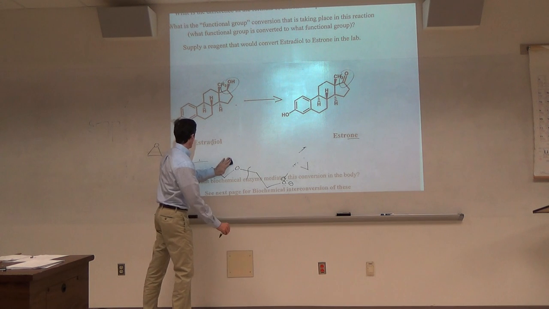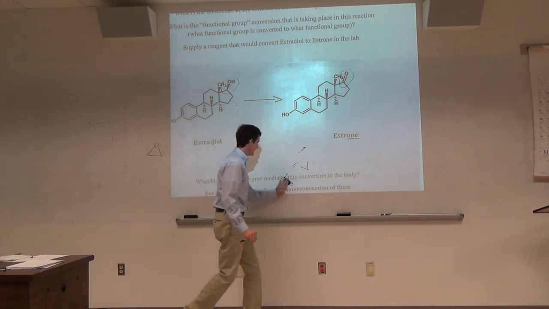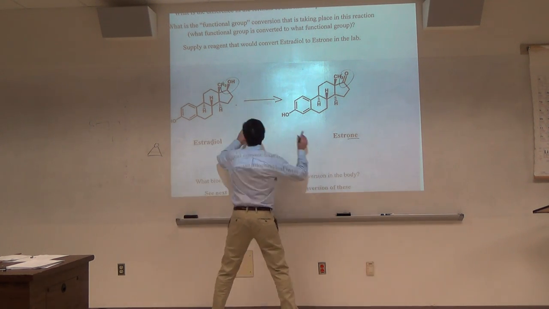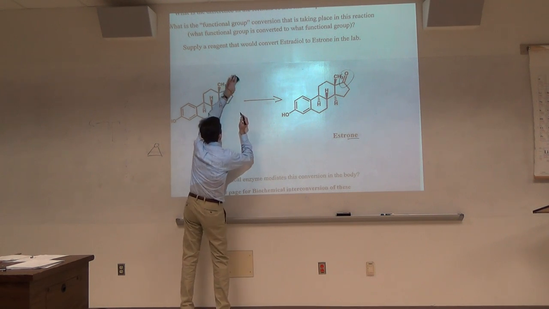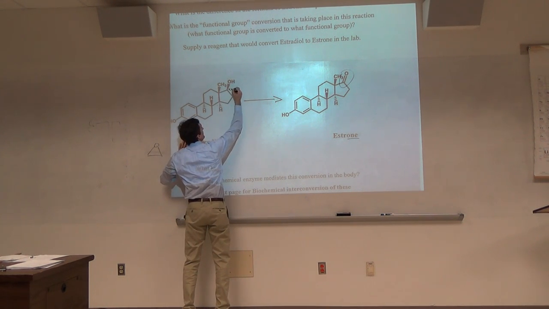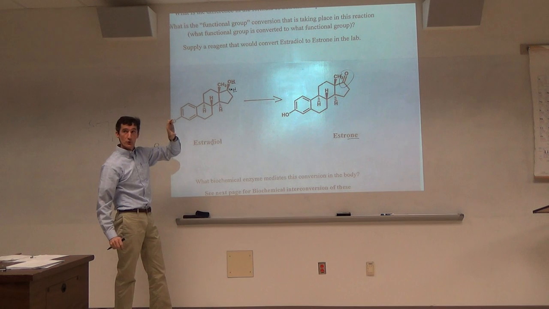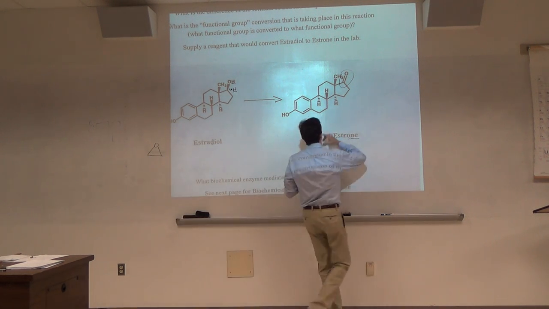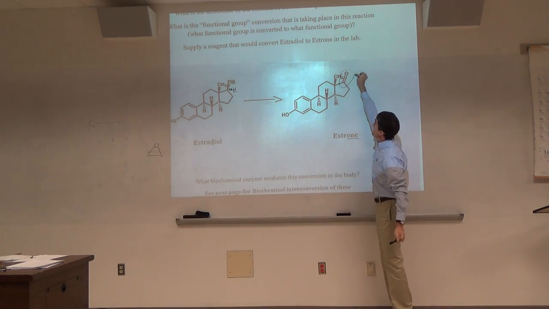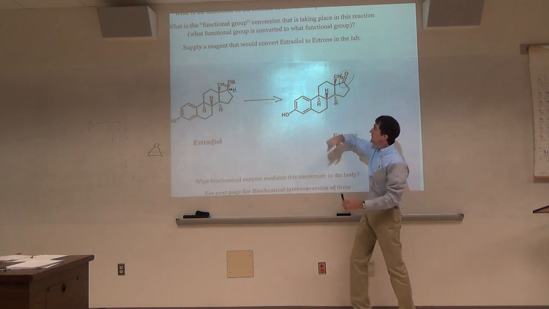In terms of formula, what's the difference? What does an oxidation do other than make a ketone? Well, importantly, there's also an H there. The two H's are removed. And now you have the double bond. There's no H here, and there's no longer an H there.